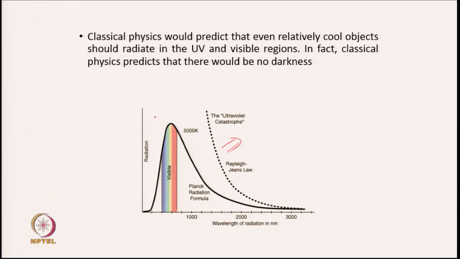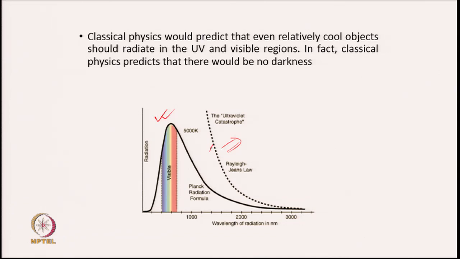The observed one is this one. This is your increasing wavelength, and if you go in this direction you have increasing frequency. With increasing frequency you can see here that it goes initially up and then it goes down, and that is quite different from the curve predicted by classical physics.